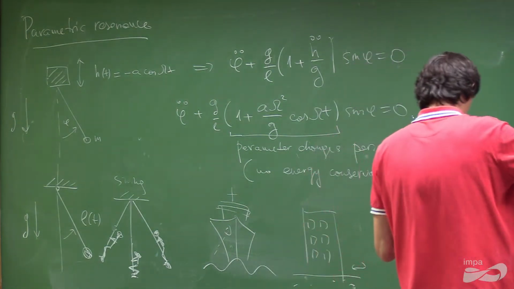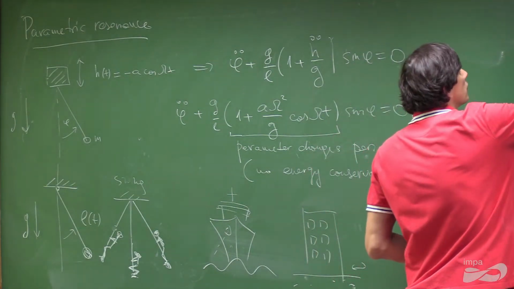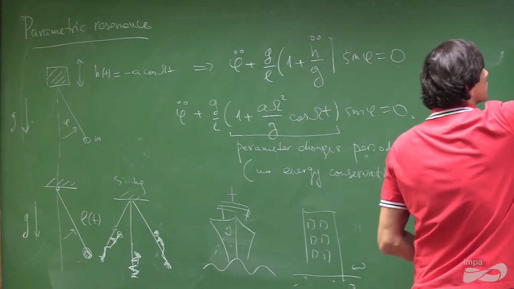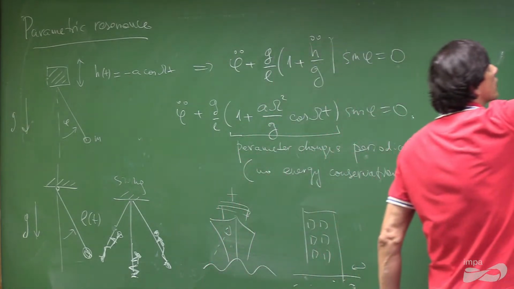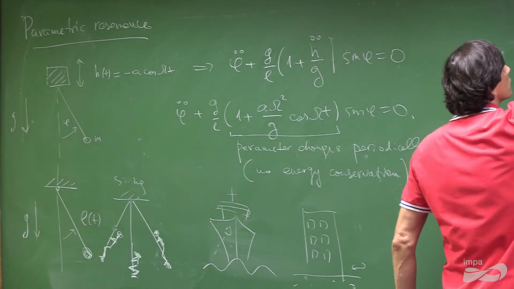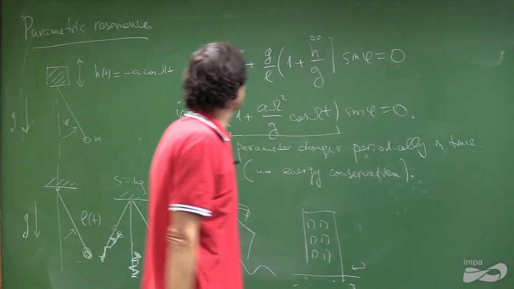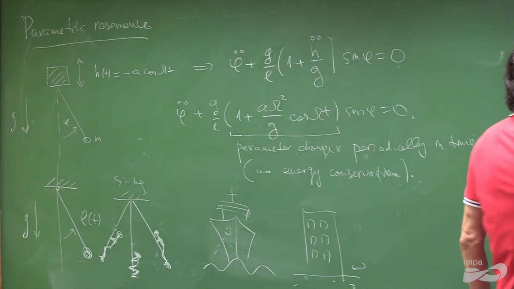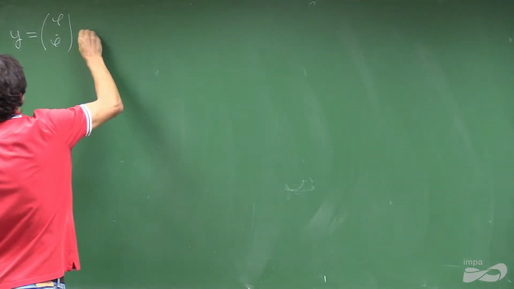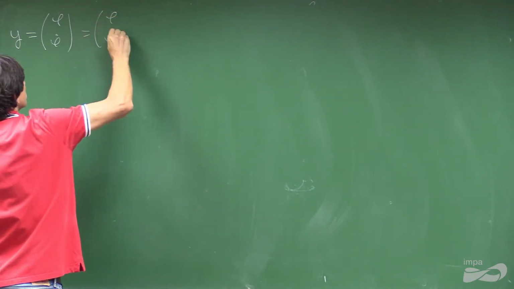And remember how you do it. You define a vector with two components, where the first component will be the angle, the second component will be the velocity. Let's call this phi.